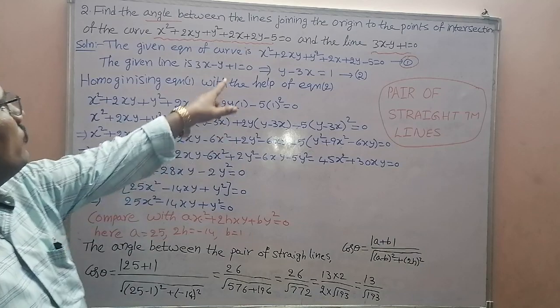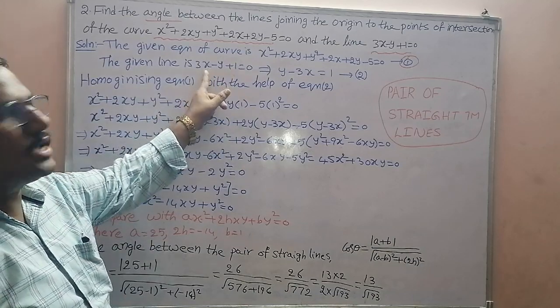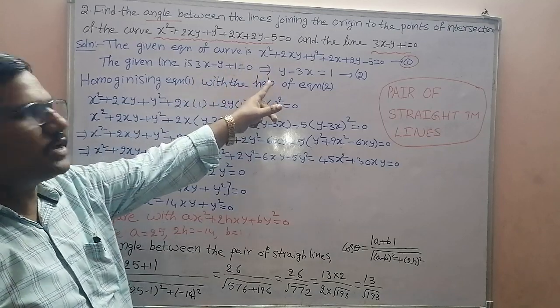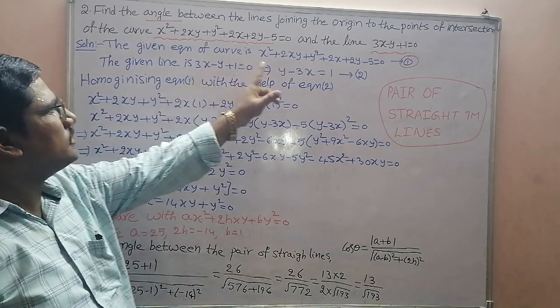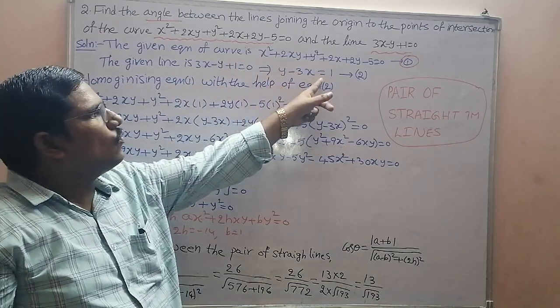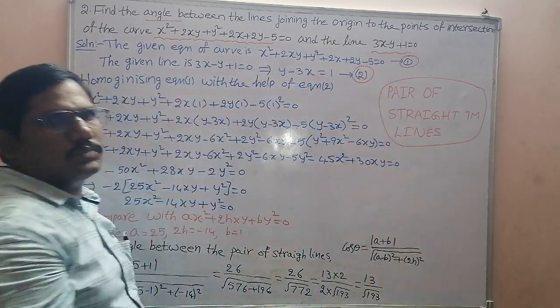Keeping only 3x on the left side and taking the remaining terms to the other side, minus y becomes plus y and plus 1 becomes minus 1. Actually we take 3x across, so we get y minus 3x equal to 1. This is equation 2.